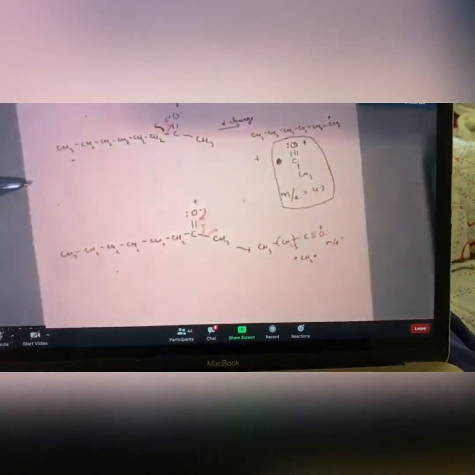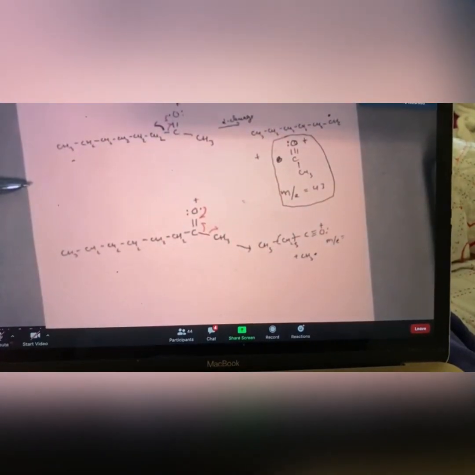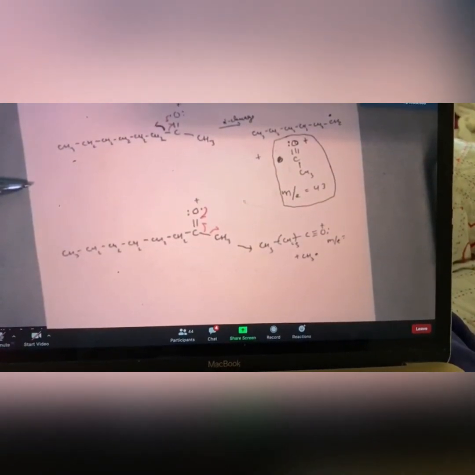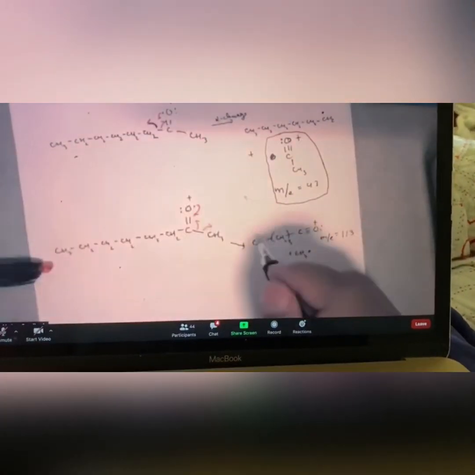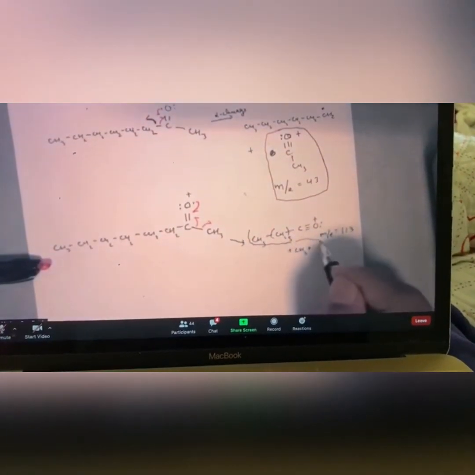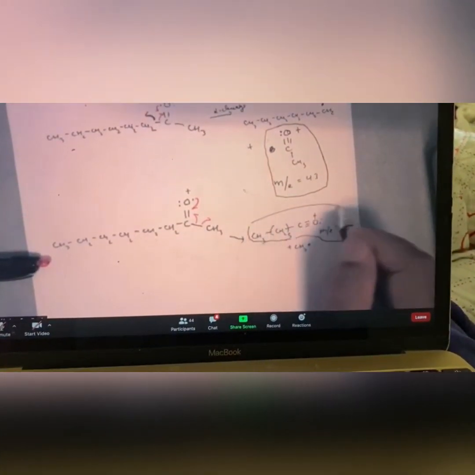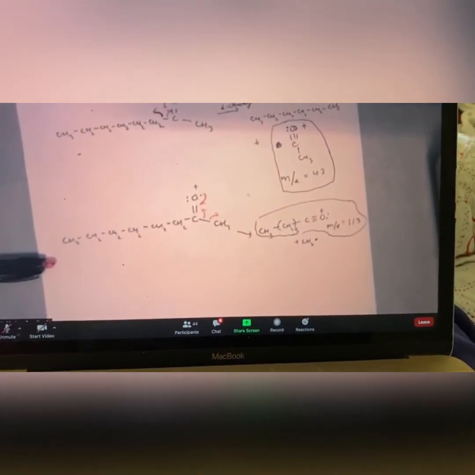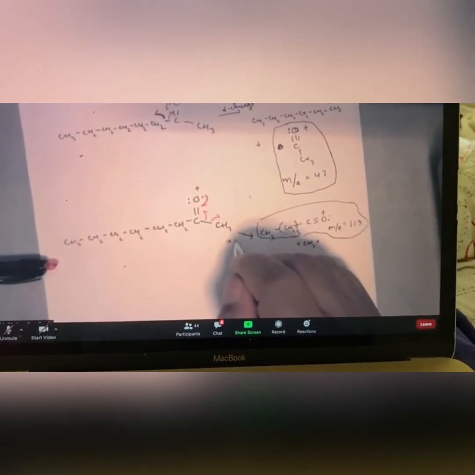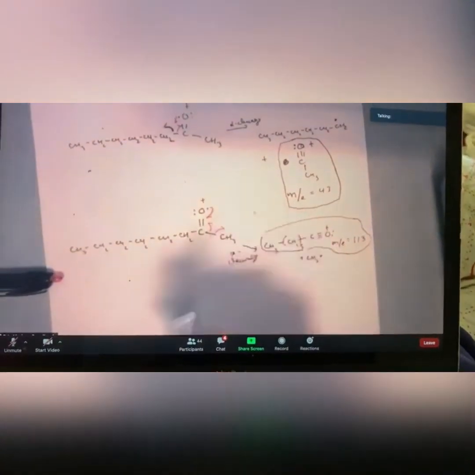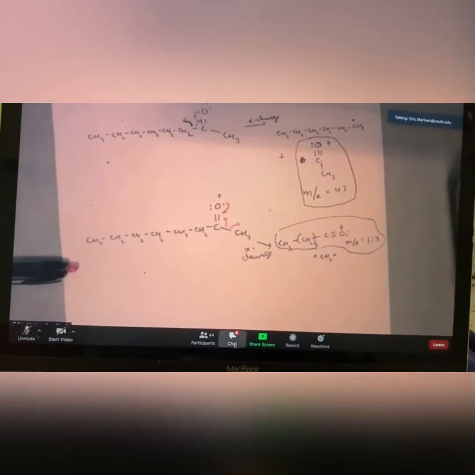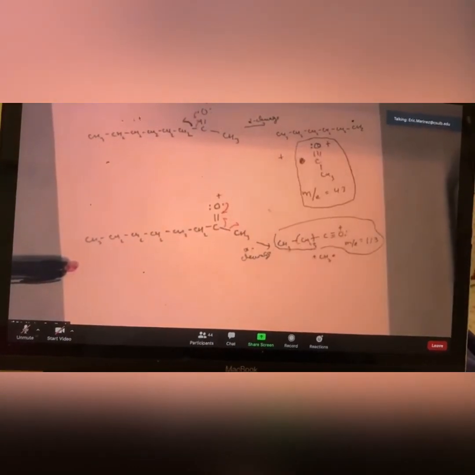So if this is 128, 128 minus 15, I'm getting old, is what, 113. And so again, all I ask you to do is to circle this. Okay? And again, this is an alpha cleavage. Okay? So I got 3 of them, I'm down to 4.